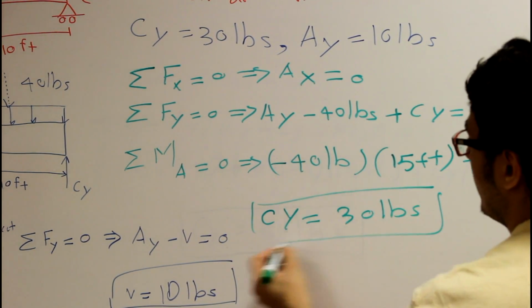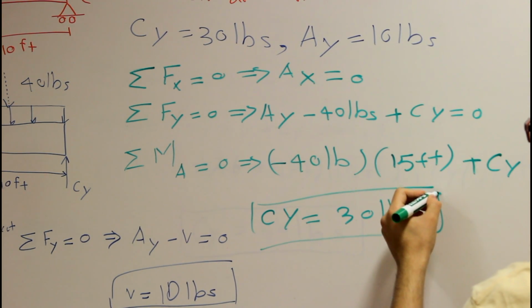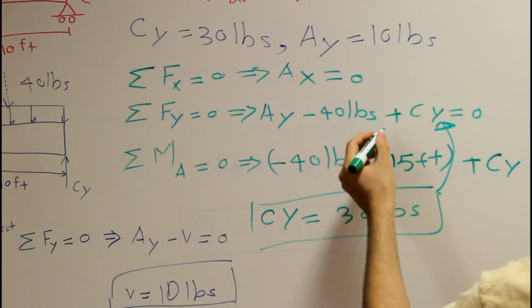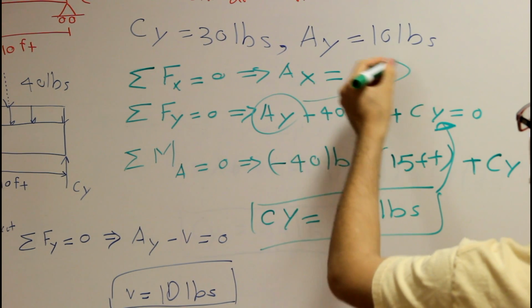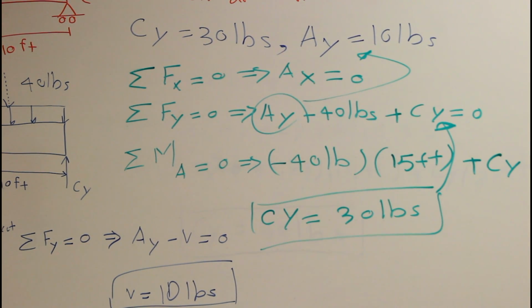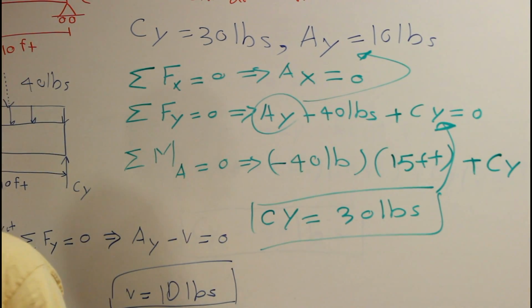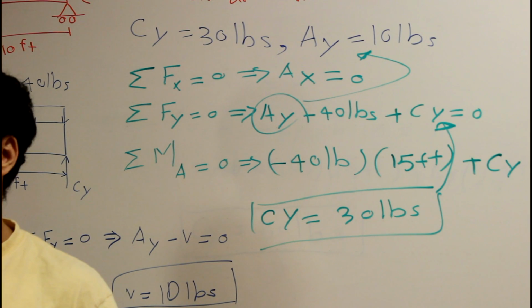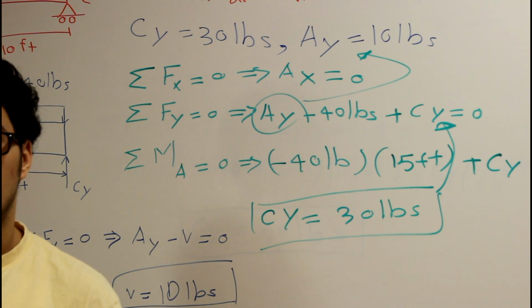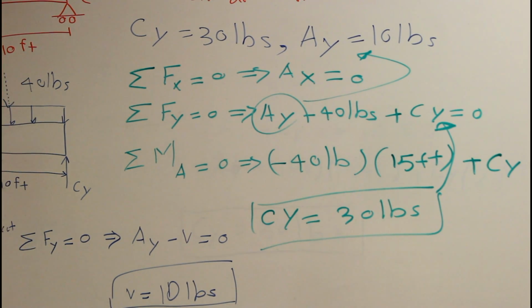After that we find our Cy, since it's the only unknown in this equation. Then we plug Cy into the second equation to find Ay. And this is how to solve for the unknowns. You have to do this before finding the moment around B, or before you cut the beam. You have to find all the unknowns of the problem, and this applies to any problem.